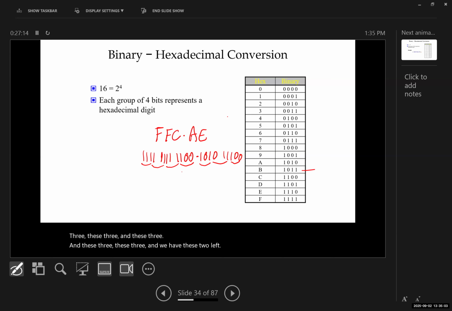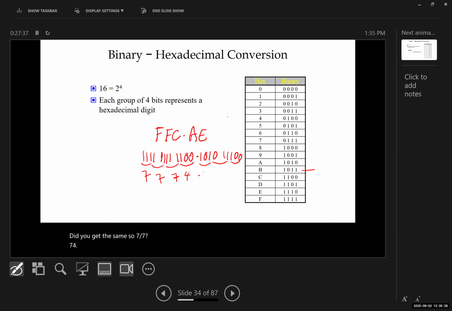So 100 is going to be equal to 4. 111 is going to be equal to 7. 111 is going to be equal to 7, and 111 is going to be equal to 7. Did you get the same? So 7, 7, 7, 4.